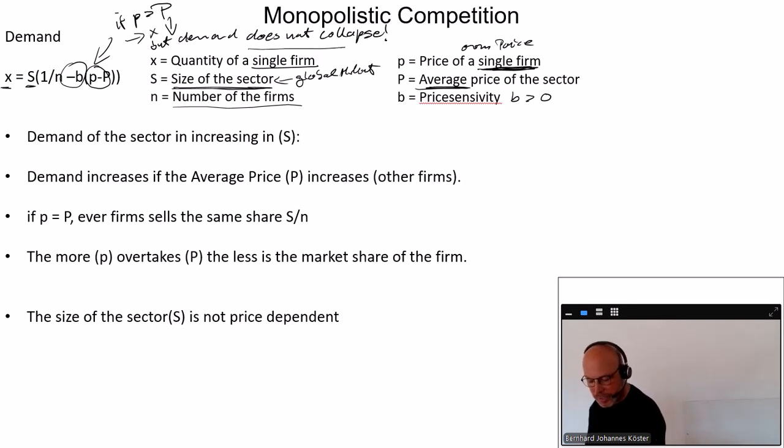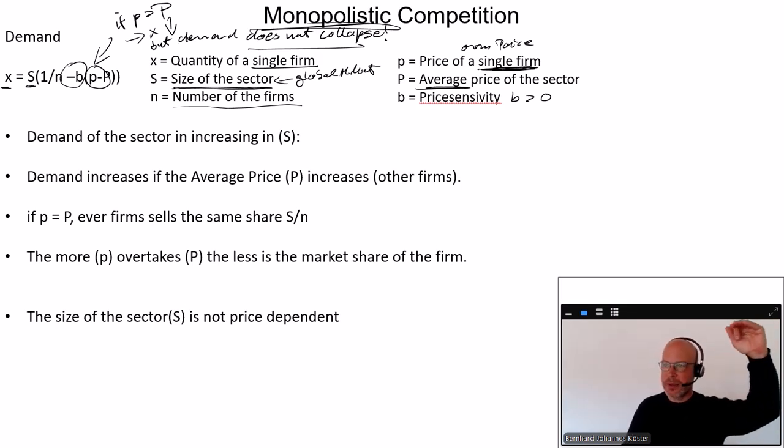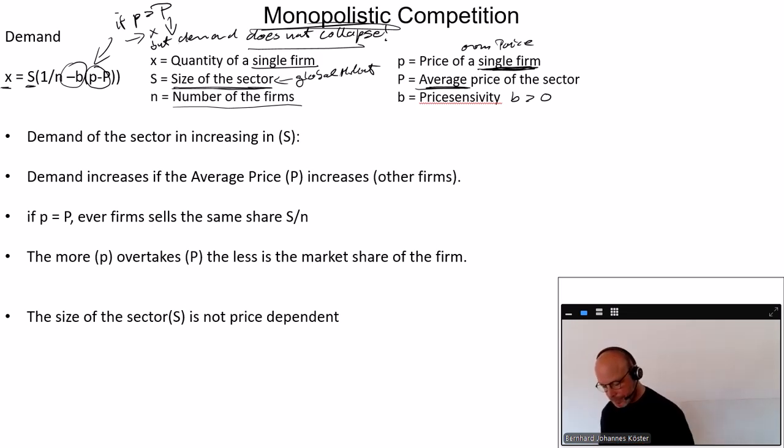And this is important now because we have monopolistic competition. In a fully competitive market, if I want to sell for a higher price than the market equilibrium price, then total demand for me is collapsing. I'm selling nothing anymore. Yeah, and I'm running out of time.